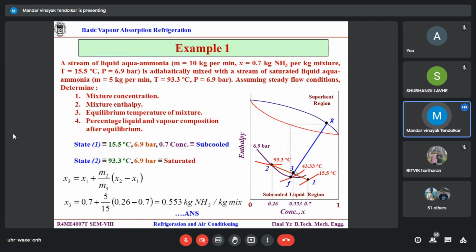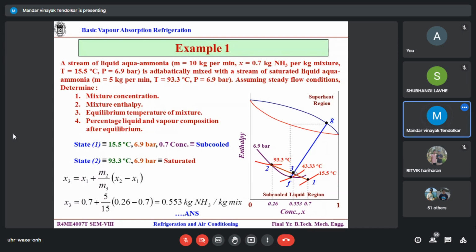So 0.3 falls above the 6.9 bar line. Do you agree? That means it is in two phase. On the line it is saturated, below it is subcooled. Above means two phase.